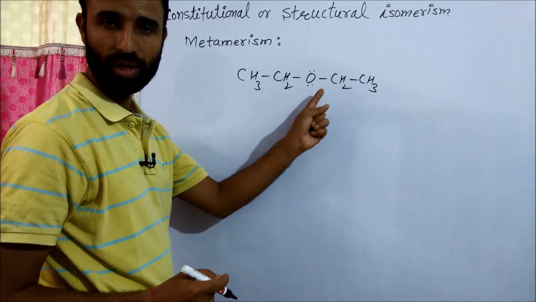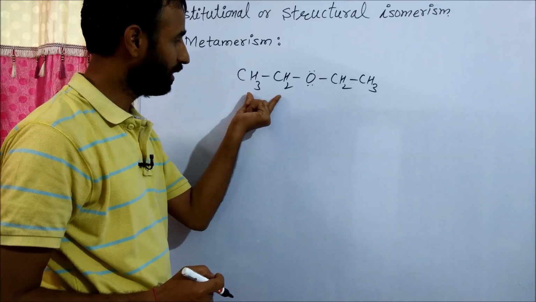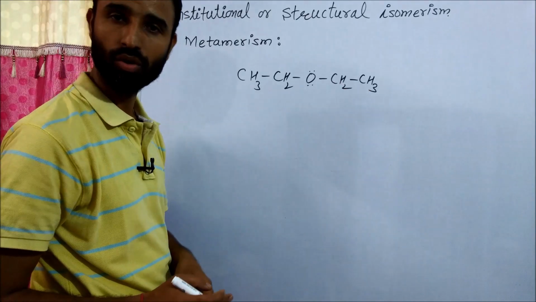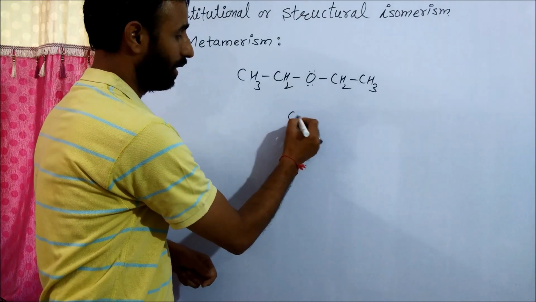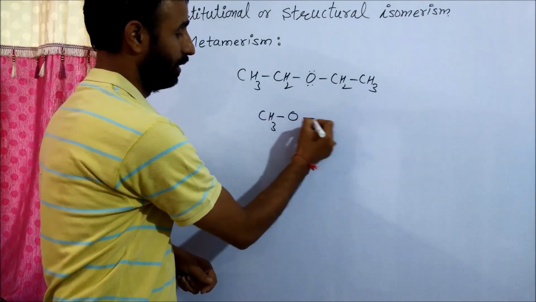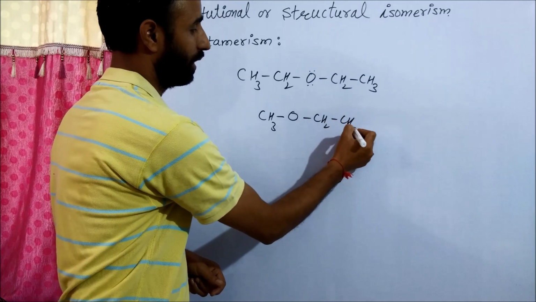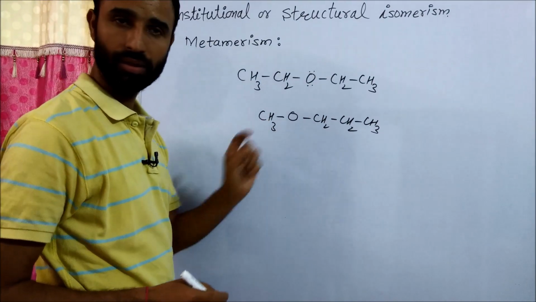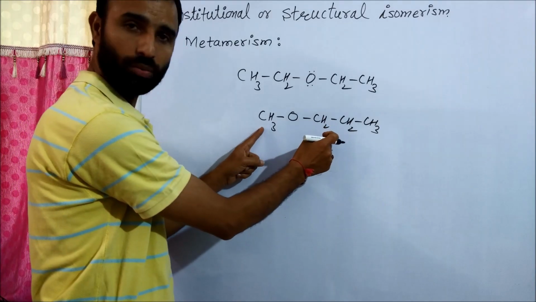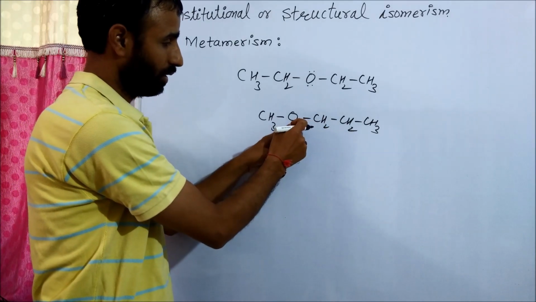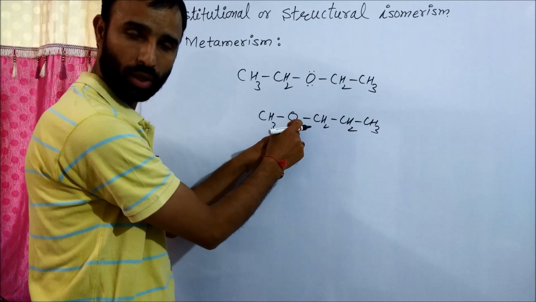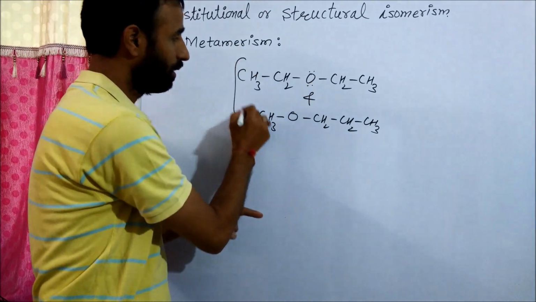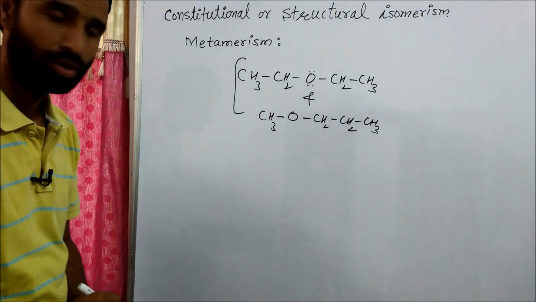See, distribution of alkyl groups. In one side there are two carbons, other side also two carbons. But if I write it like this, 1,3, nature of alkyl groups attached to the polyvalent atoms are different in these two, so they are metamers.